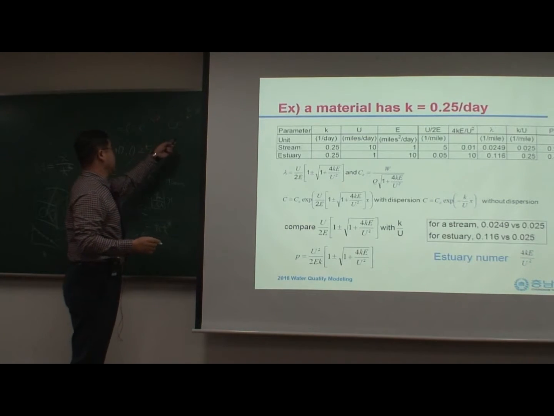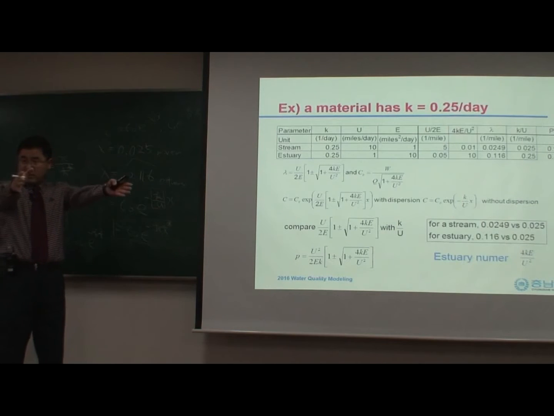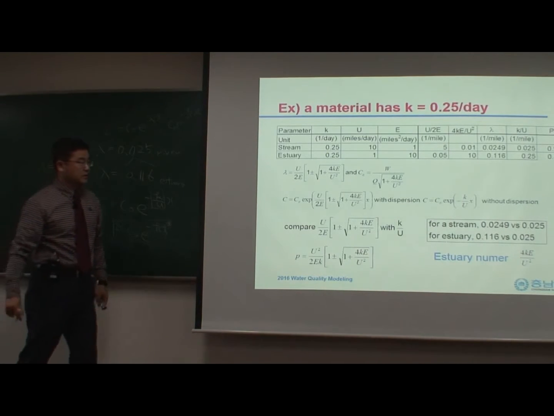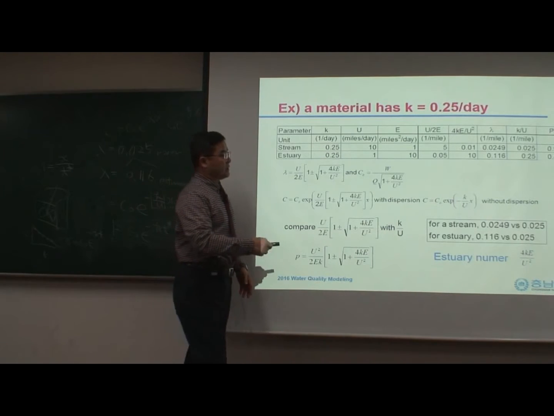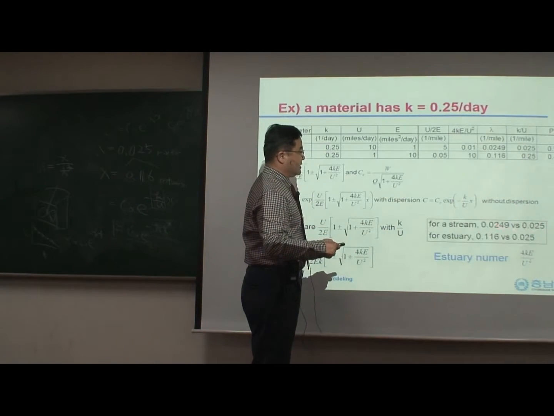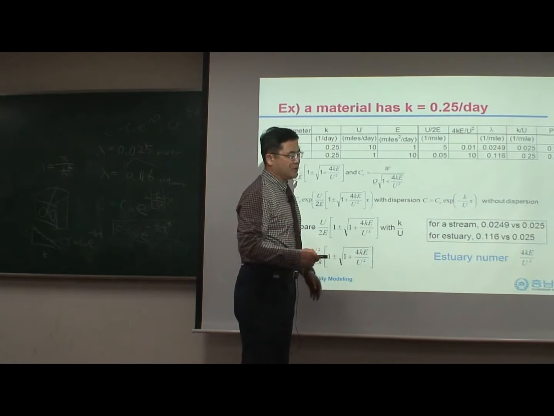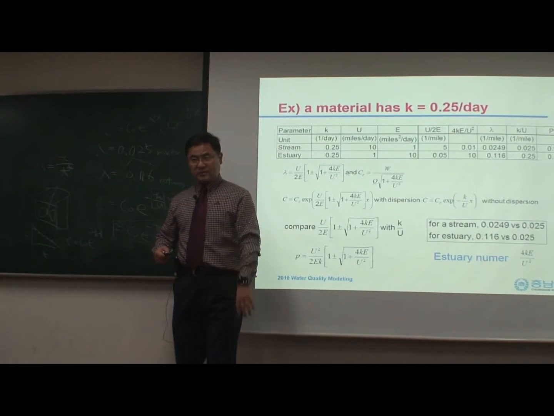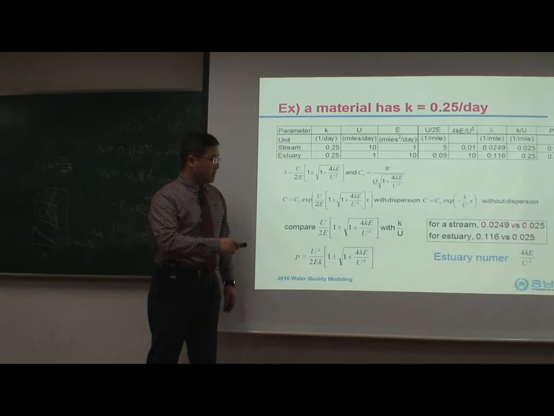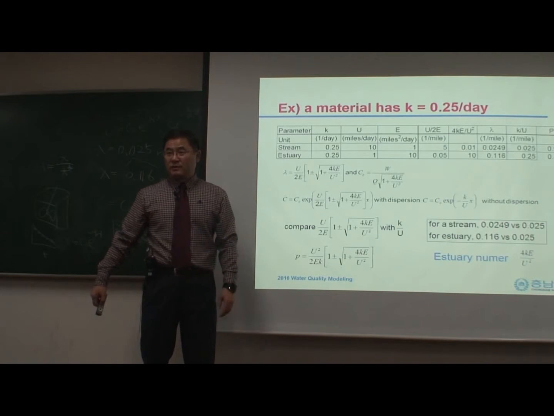Because this and that should be in the same direction. Okay. What this one says is between this lambda and this one, there is not so much difference. They are different by about 0.0001, right?